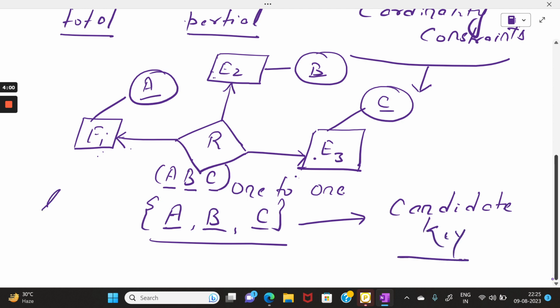We already saw that when we have a binary relationship, E1 mapped to E3, and it is a one-to-one mapping, then both the key attributes are separately treated as candidate keys. So it is just an extension of the one-to-one binary relationship model.